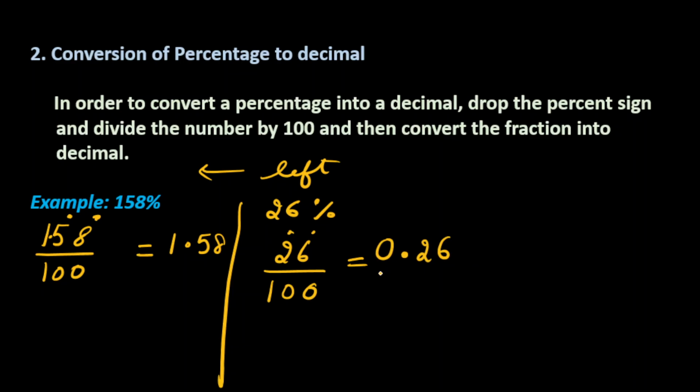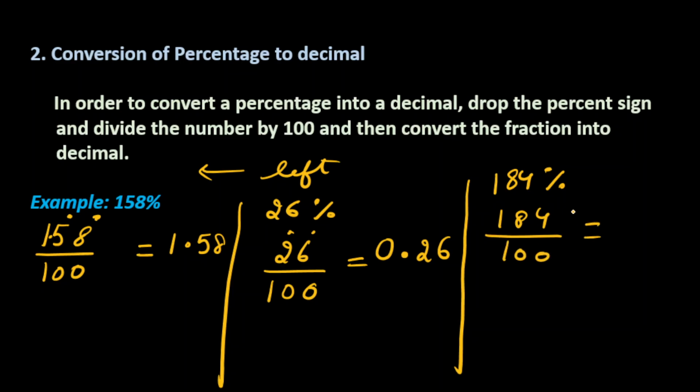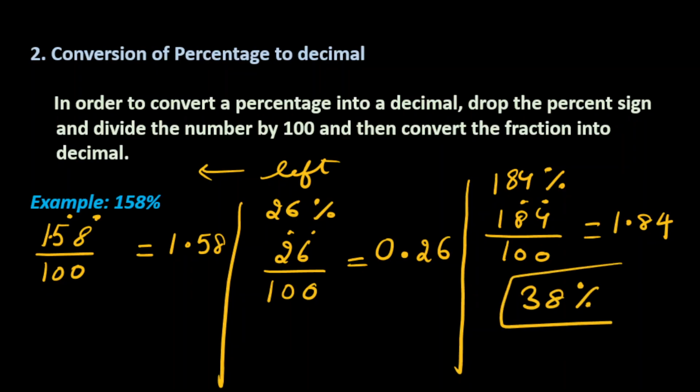One more you can do, 184 percentage. Drop the percent sign, so 184 divide by 100. From right side start counting up to two places, then write decimal before that number. So this is 1, this is 2, so before 8 write decimal. So this is 1.84. So one question for you, 38%. Convert 38% into decimals.